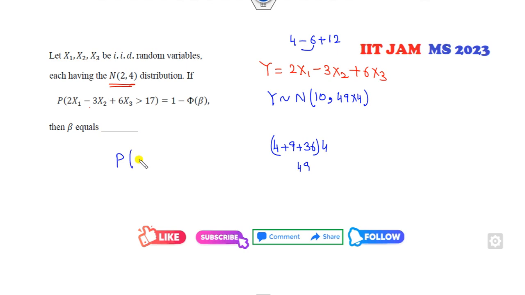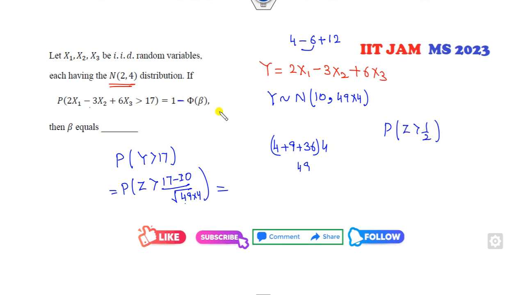Then my target is to find the probability that y is greater than 17. I convert into z: 17 minus 10 divided by root of 49 times 4. So what is that? It is 7 over 14, which is 1 over 2. Now I can write it as 1 minus Phi of 1 over 2. So the right answer is 0.5.